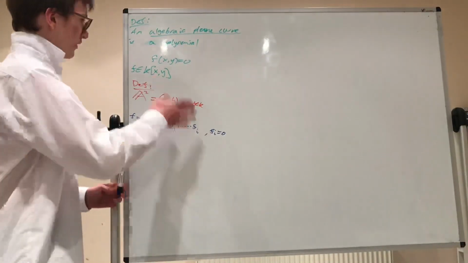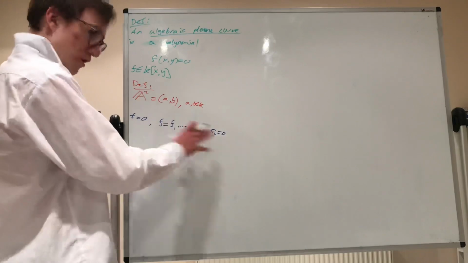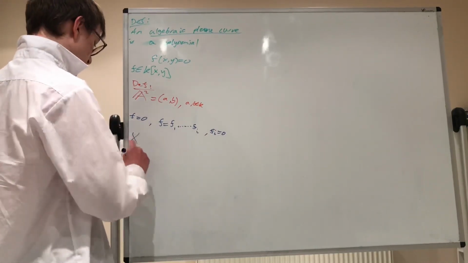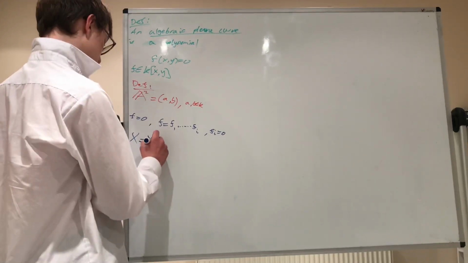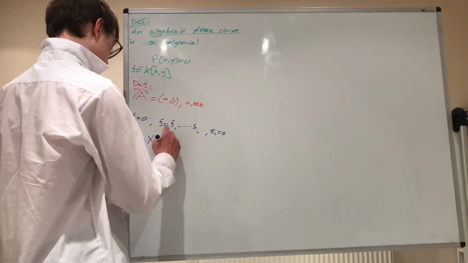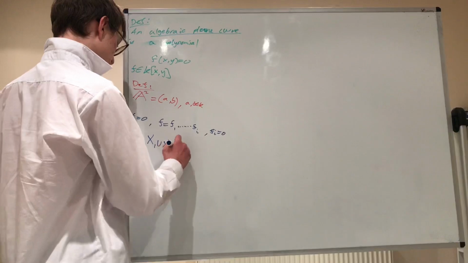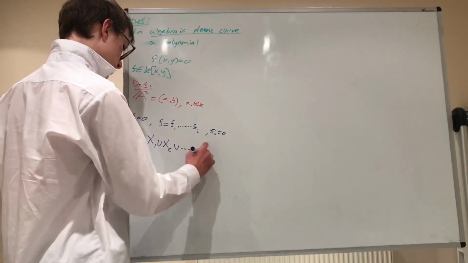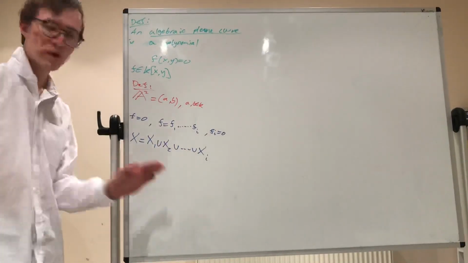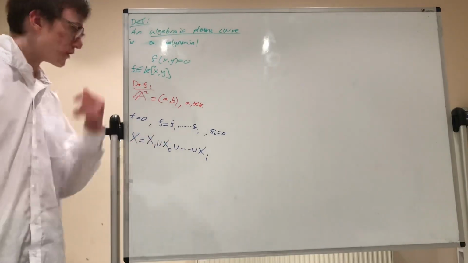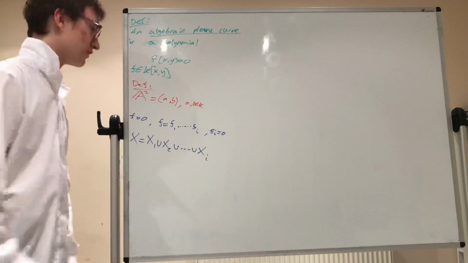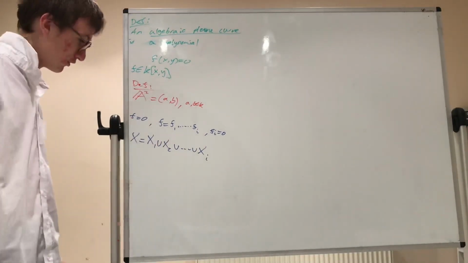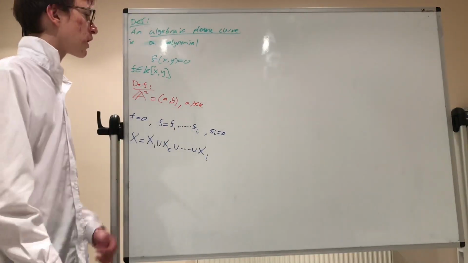And so for us, this is our algebraic plane curve being a union of irreducible plane curves. So these are just basic notions that we're going to be talking about throughout the series, not just in this video but throughout the series.